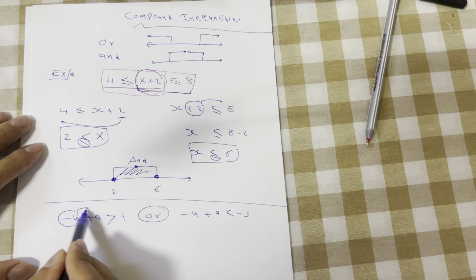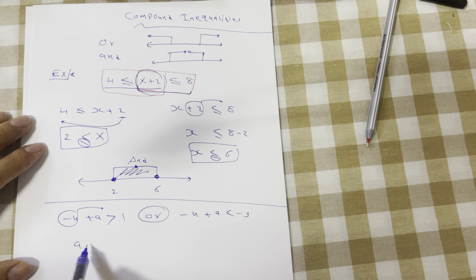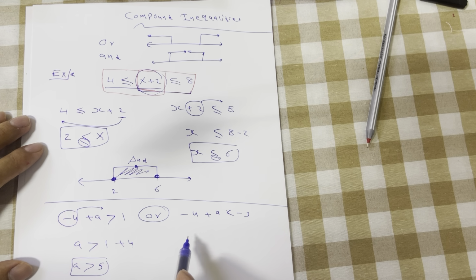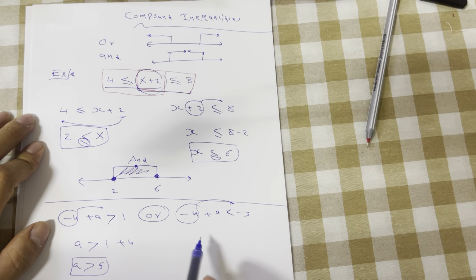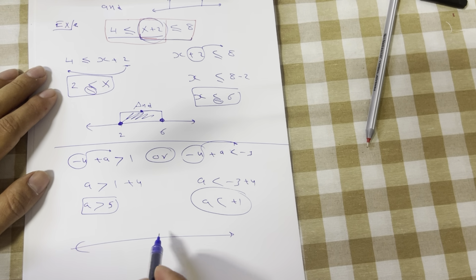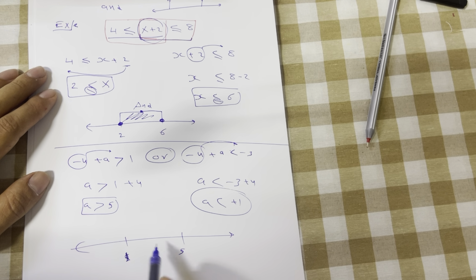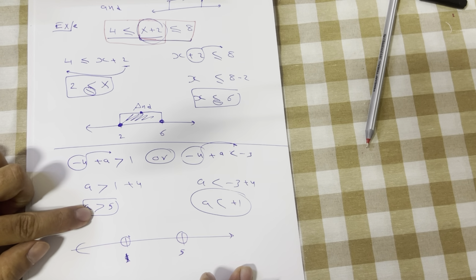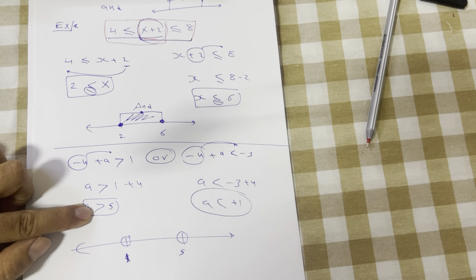Now I have to move this to the other side, and it will be positive. a greater than 1 plus 4, so a greater than 5. And a less than 3 plus 4, so a less than 7. If I write on the line, we have the two numbers, and we make circles because we don't have an equal sign.